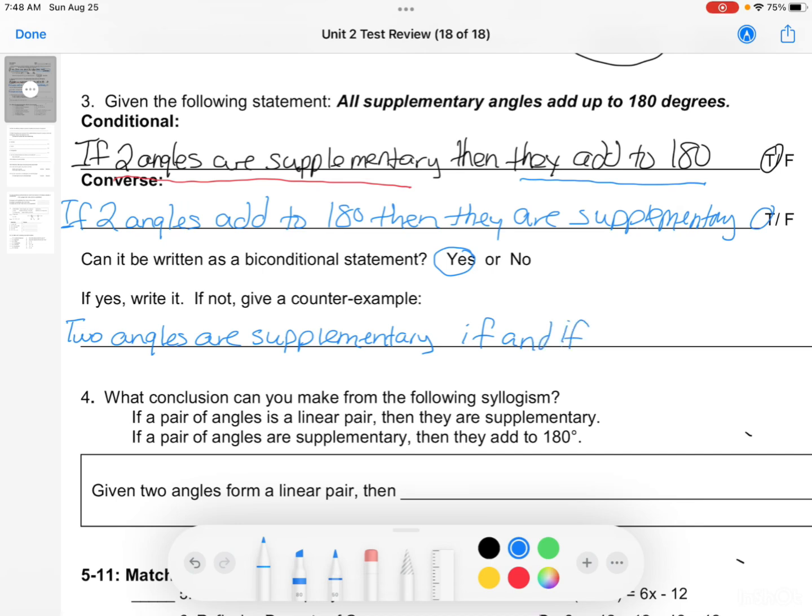That's where the biconditional is different than the other types of sentences, because this has the if and only if in the middle.